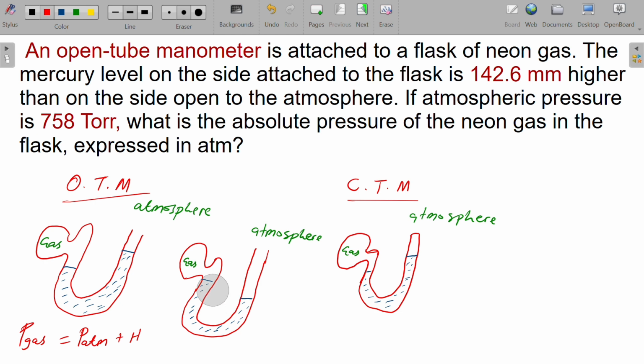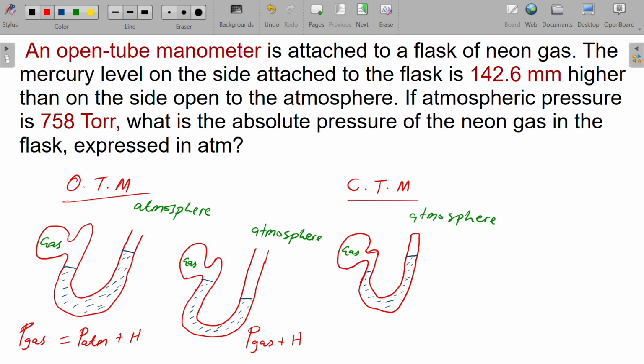What about this one? On this side of the gas, we have the pressure of the gas, and we also have the height or the weight of the liquid. So here you have those two, and on the other side you only have the pressure of the atmosphere. So our formula here will be pressure of gas added to the height.